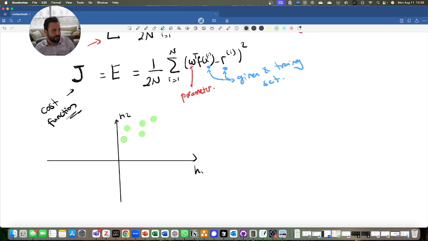So let's say I have placed my data points with class 0 or healthy class with green, and the other class with red. There exist several lines that separate the two, right? So this line is one of them. So this is just one of the W's.